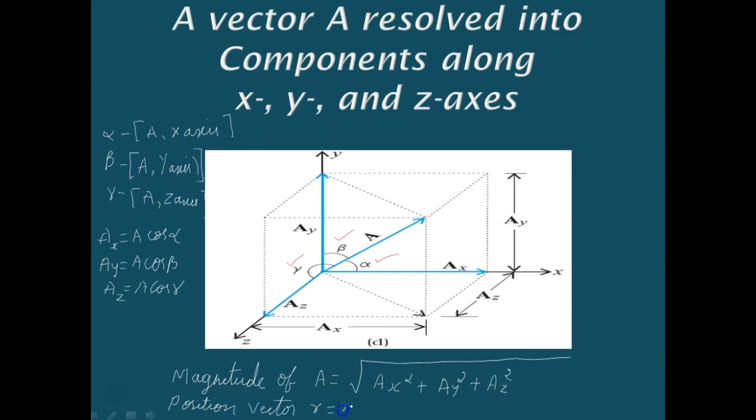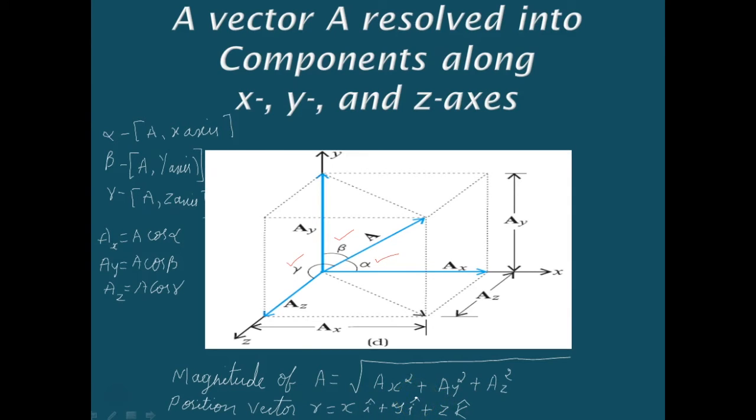x into i cap plus y into j cap plus z into k cap. So the position vector we can represent using r is equal to x into i cap plus y into j cap plus z into k cap.